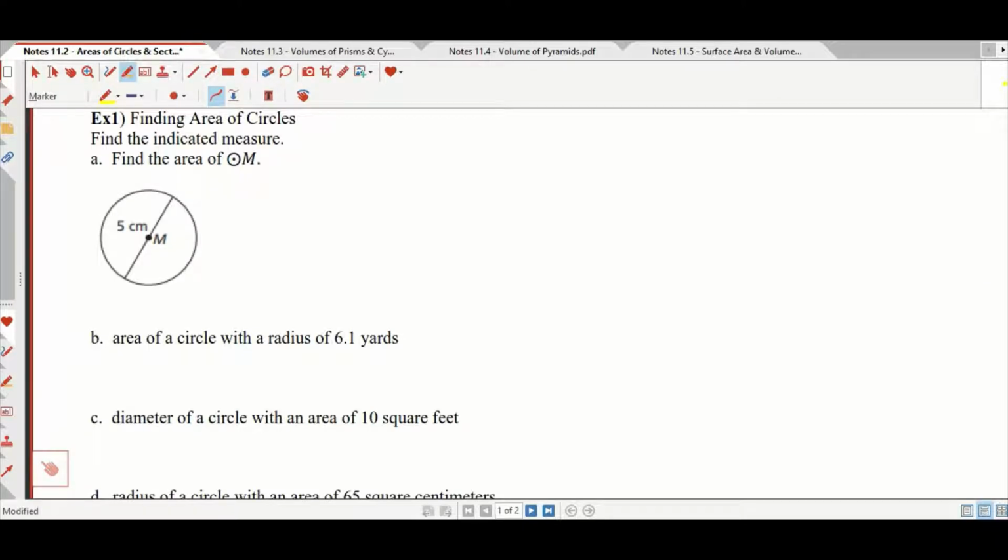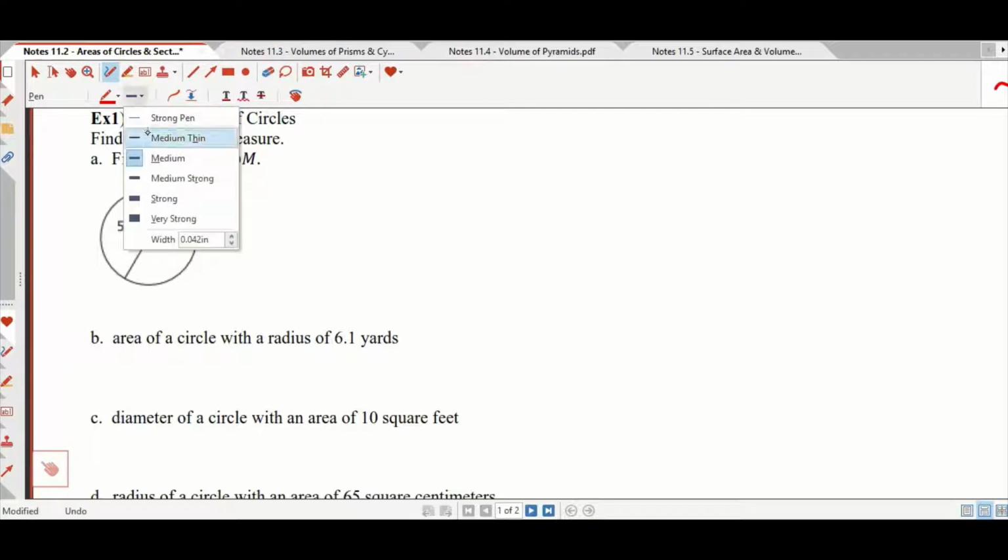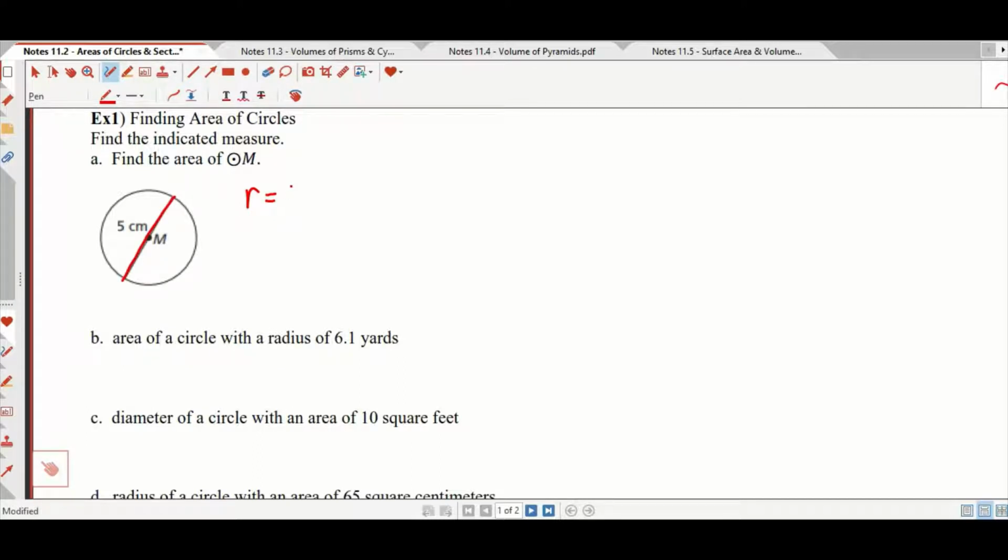So if we're going to find the area of circle M, first we need to find the radius. That is way too big of a pen. There we go. The radius is half of the diameter, which is given to us as 5. So the radius is 2.5, which means that the area is equal to pi times the radius squared, which in this case is pi times 2.5 squared.